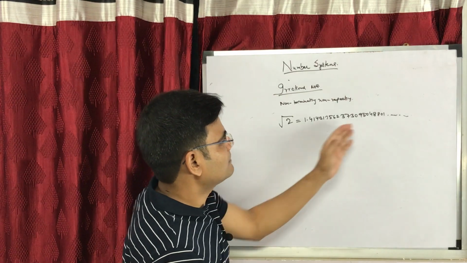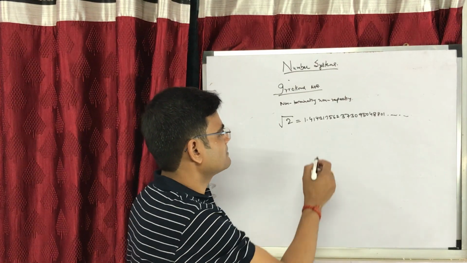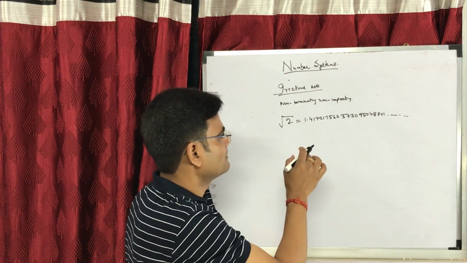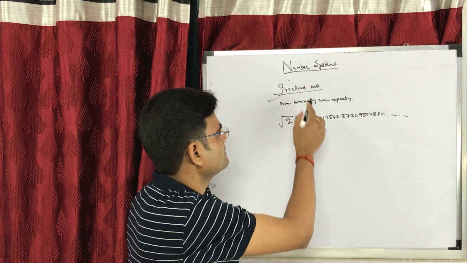I mean, you go on till infinity, but you will never find a repeating sequence. Never. Those numbers are known as irrational numbers.